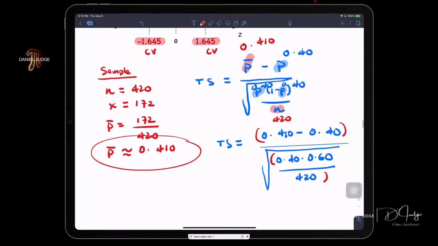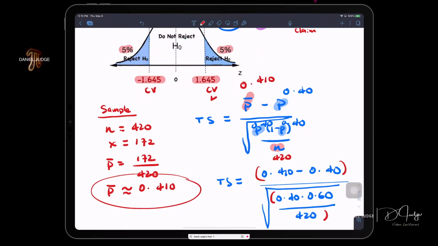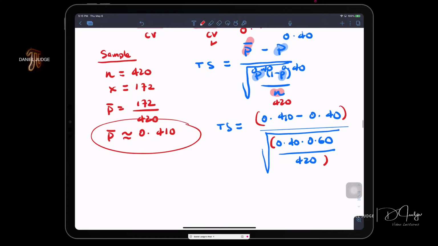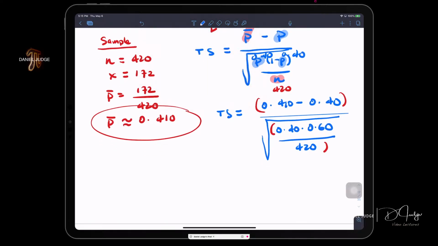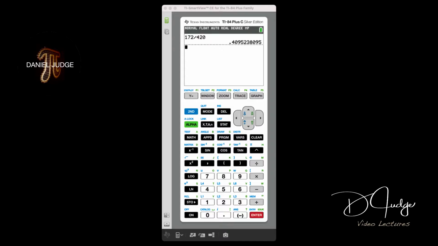When we compute the test statistic, we want to approximate it to the nearest place value of your critical value, so this is going to be the nearest thousandths. We'll approximate that test statistic and see where it lives in our decision rule. So in the TI now: parentheses, 0.41 minus 0.4, close that, divided by the square root, open the parentheses, 0.4 times 0.6 divided by 420, and close this.